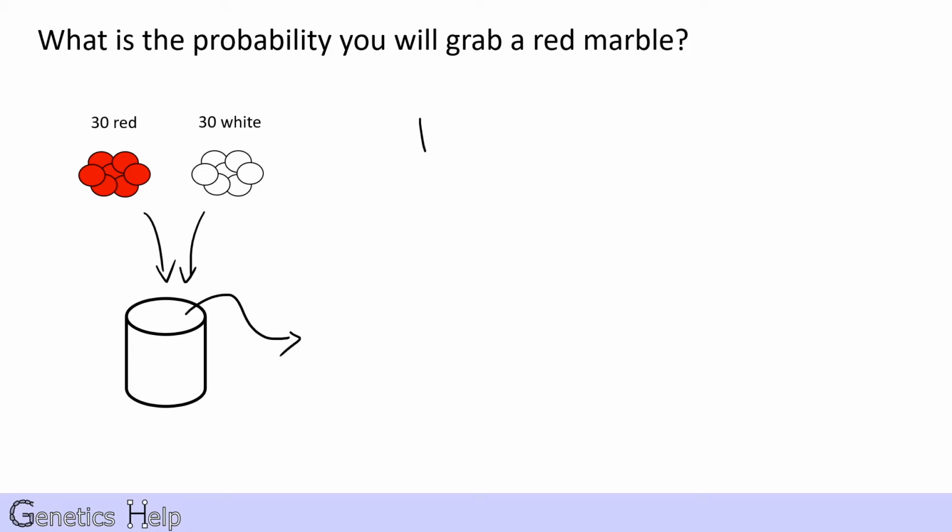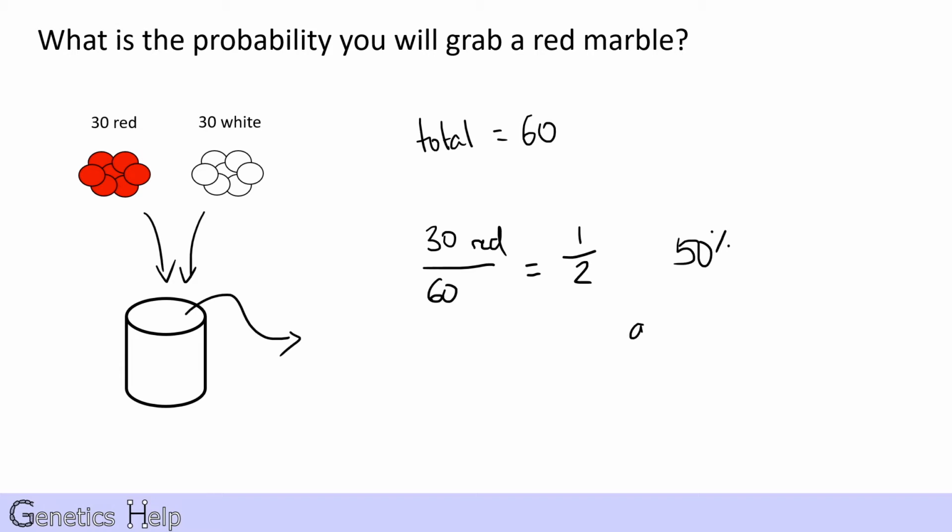Well, our total is 60. And we have 30 red over 60 total, which would give us 1/2. So you have a 50% chance of grabbing a red marble.